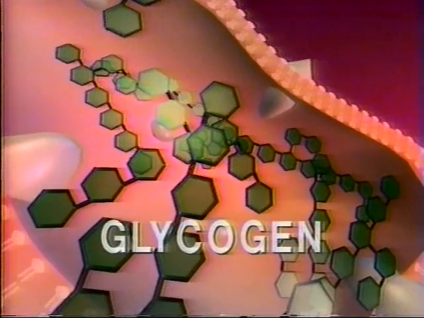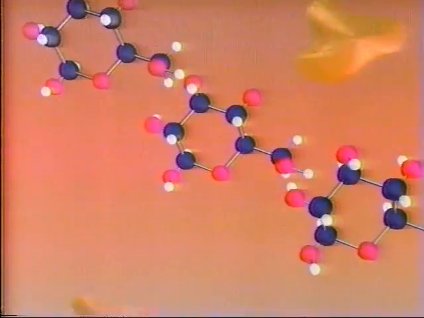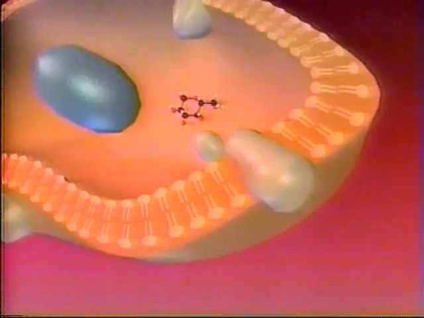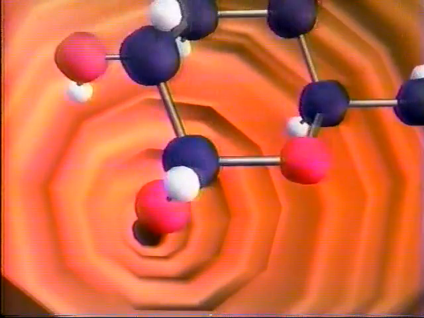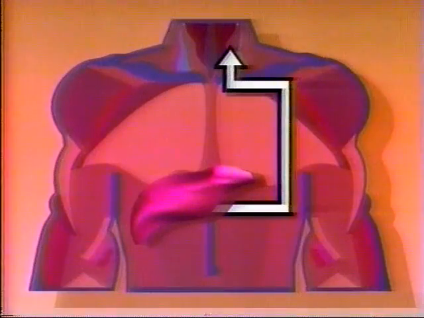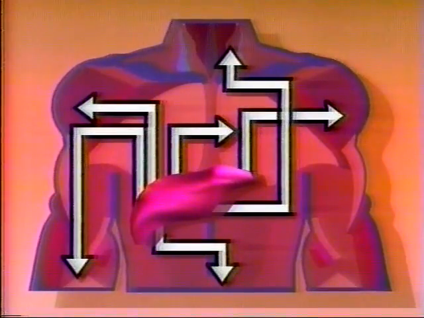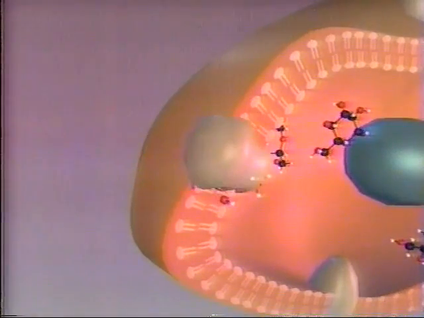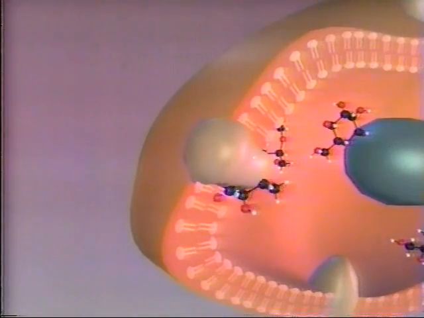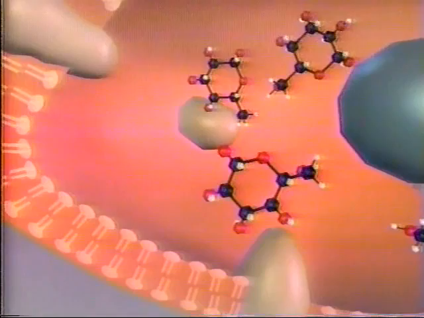Upon demand, liver glycogen is broken down by enzymes into single glucose molecules, which are then transported by the circulatory system to organs and tissues. At the lipid membrane of a cell, glucose crosses through a protein tunnel and enters the cell cytosol, where glycolysis will take place.